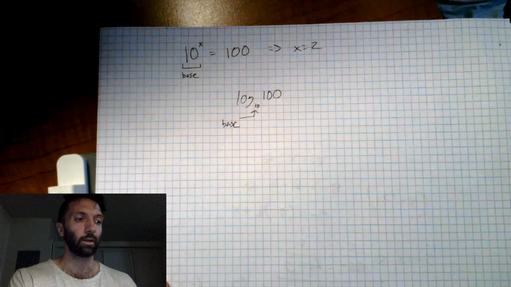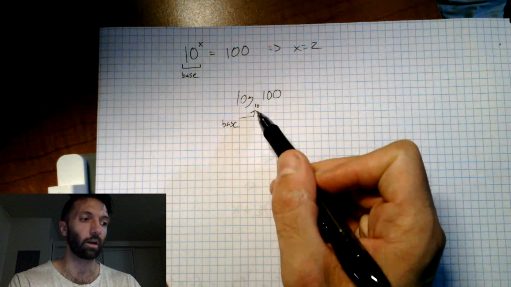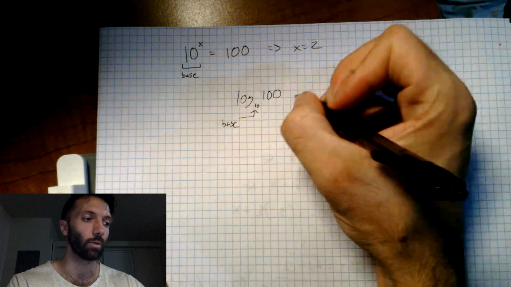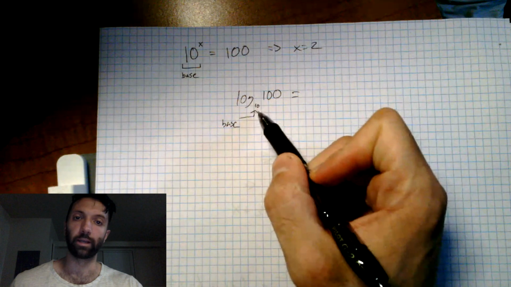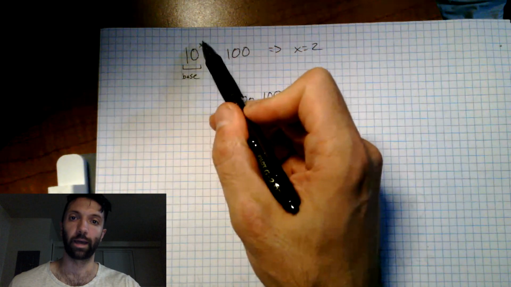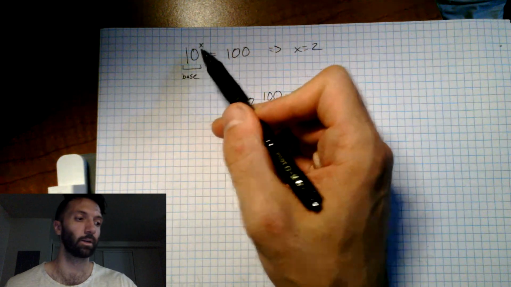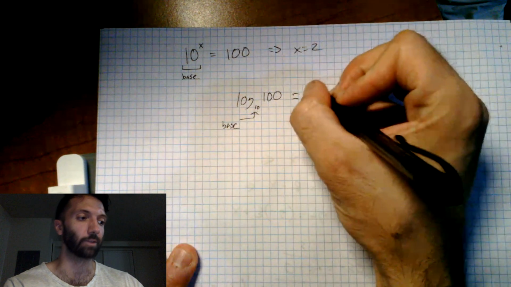All right, and so if I have this expression that says log base 10 of 100, and I want to know what that equals, well, I'm asking what exponent would I raise a base of 10 to? In other words, what exponent x would I raise a base of 10 to get 100? And as we know, the answer to that is 2.